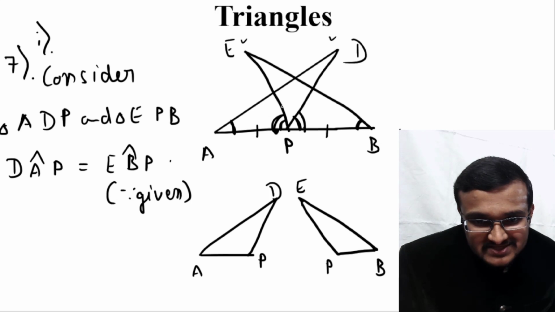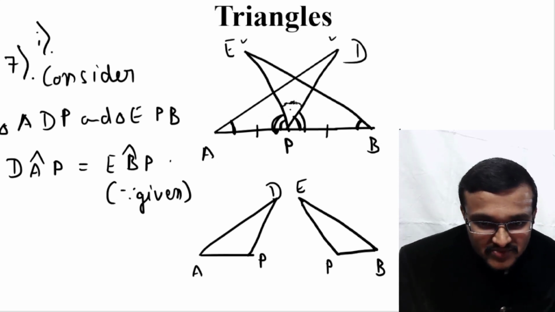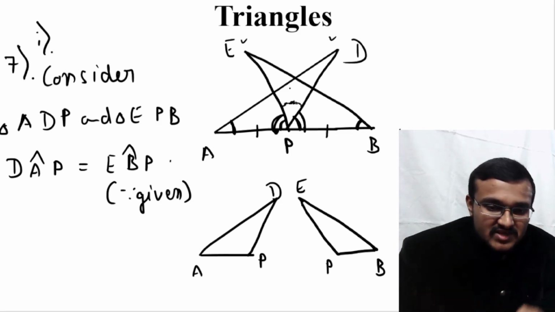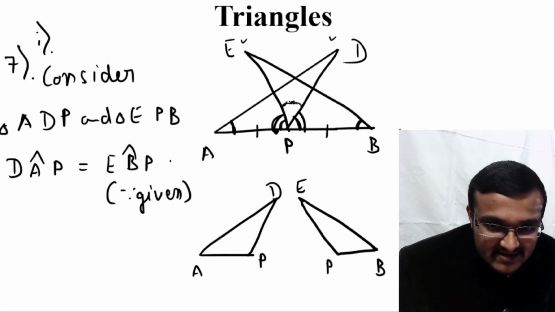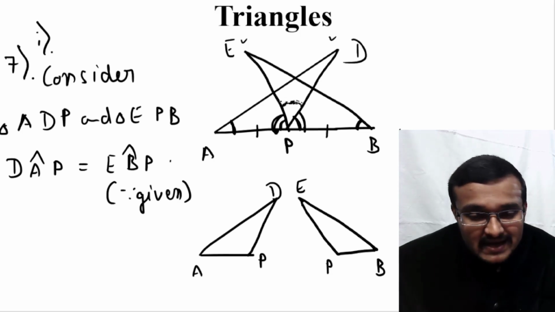Now in order to prove the second angle equal, we have to consider this center angle also, which is over here. So this center angle is the common angle for both the triangles. Because both the triangles are merged like this in this diagram, this center angle is the same for both, and we have to consider that for the total angle.